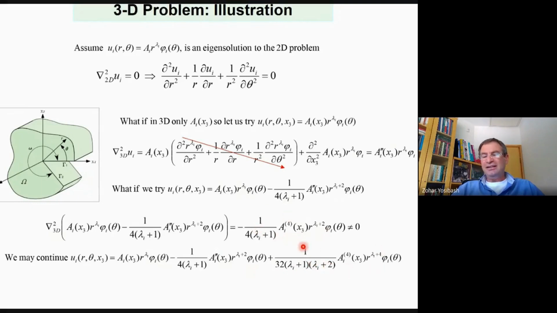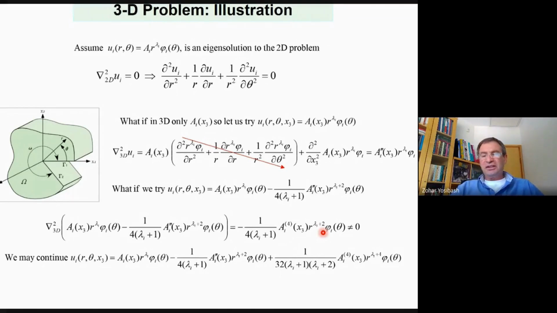And indeed, if I take this term and I plug that in the equation, I will eliminate the remainder, which is this one, but I will be left with a remainder which will be the sixth derivative, and here I will have lambda I plus 4. So I can continue infinitely to add terms.